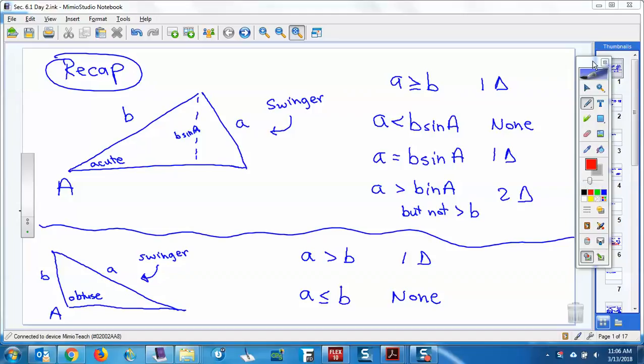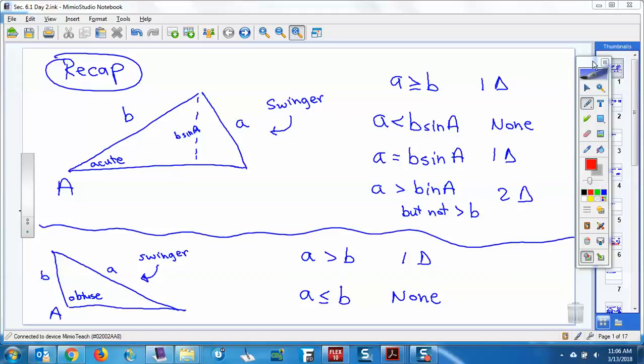Now, one of my goals today is to work through one where we don't even think about this at the beginning. I typically want to do this, but you could just blindly start. You see it's an SSA one. It's an ambiguous case, right? Remember, if it's angle, side, angle, or angle, angle, side, if there are two angles given, then there is no ambiguity.